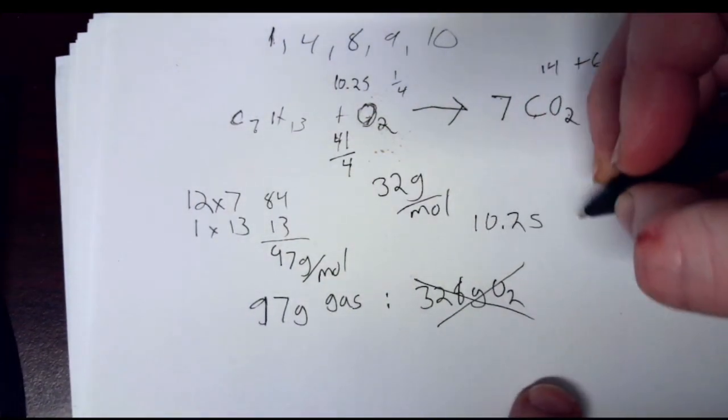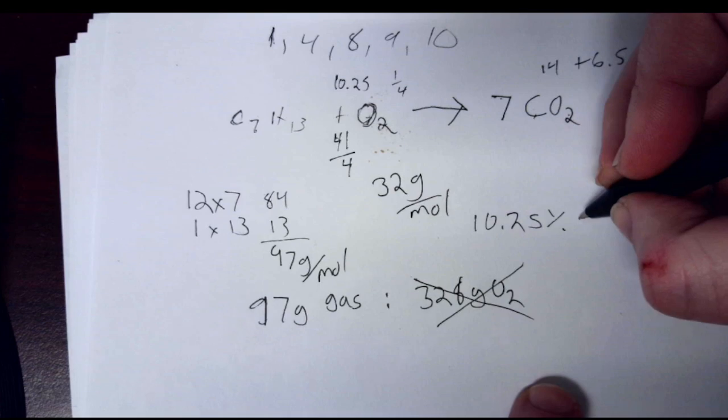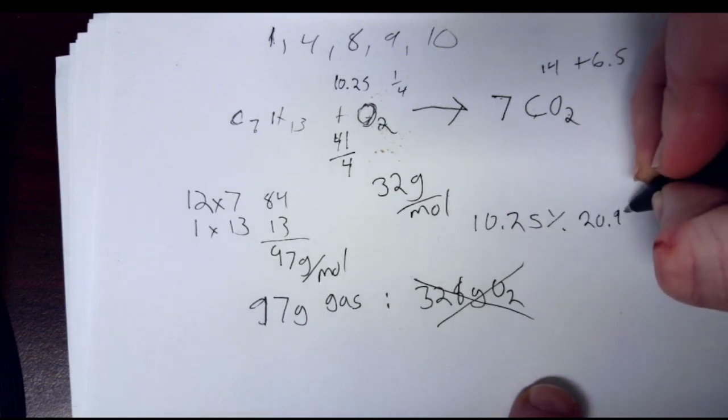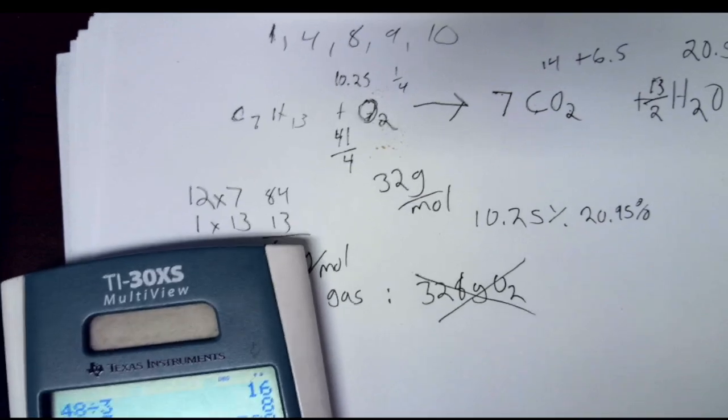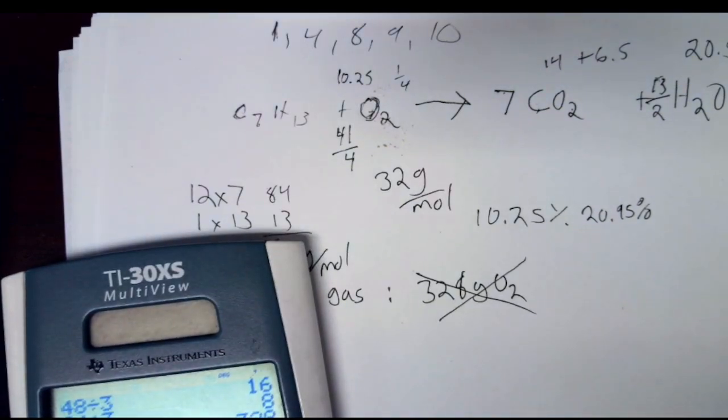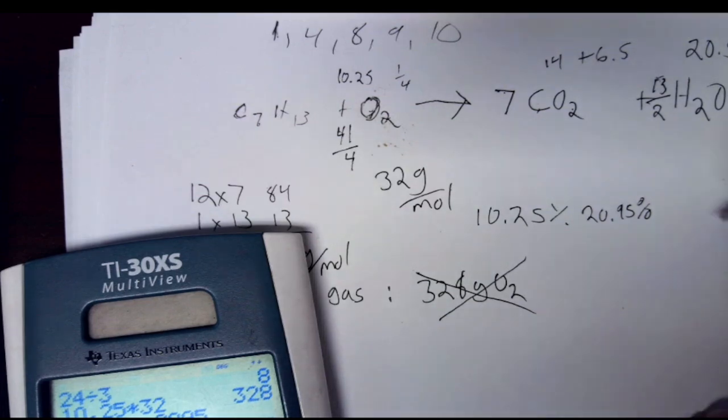So dividing this by my 20.95%, how many moles of air would we need? So 10.25 divided by 0.2095 means we would need something like 48.93 moles of air.